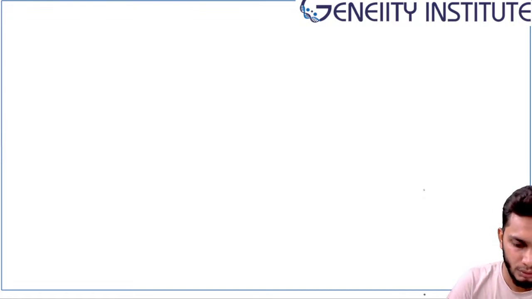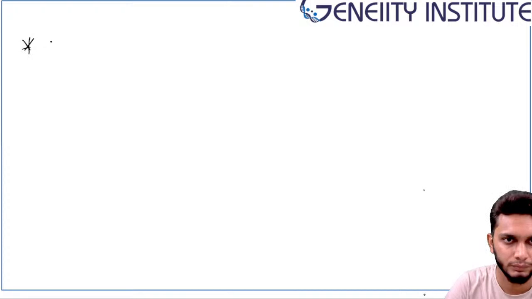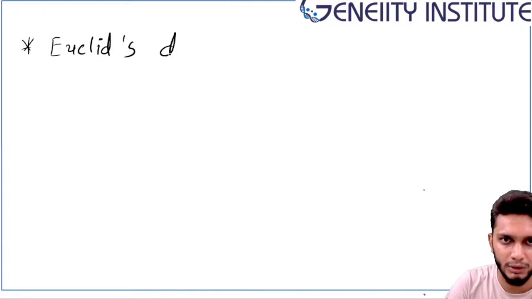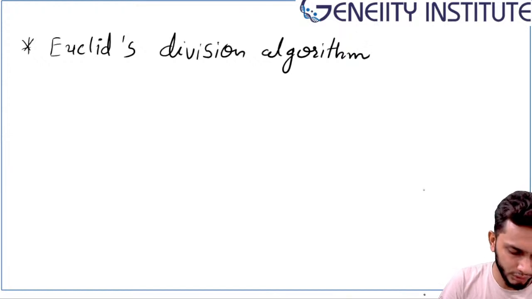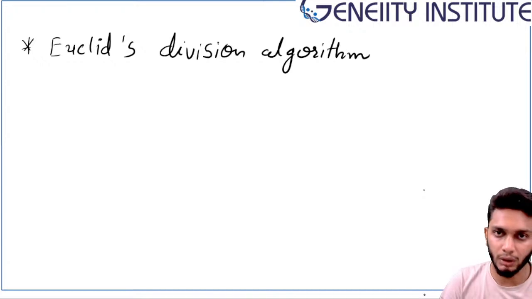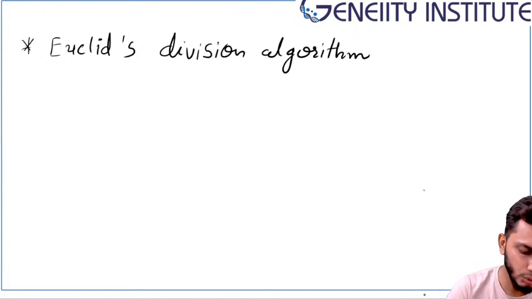You know what Euclid's division algorithm is. All of you know that. It means if you divide one number by another, at that time you use Euclid's division algorithm.